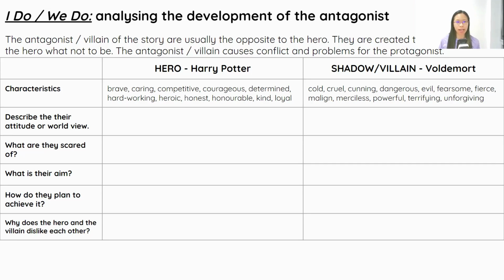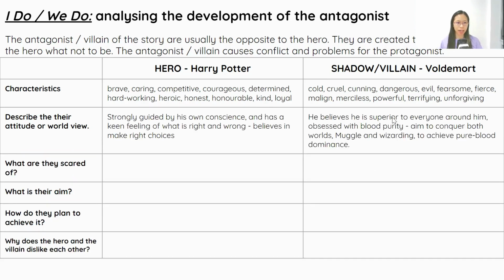Harry is brave, caring, determined, courageous, hardworking, whereas Voldemort can be described as cold, cruel, powerful, terrifying, unforgiving, fearsome, dangerous, fierce. So you can see they are two opposite characters.